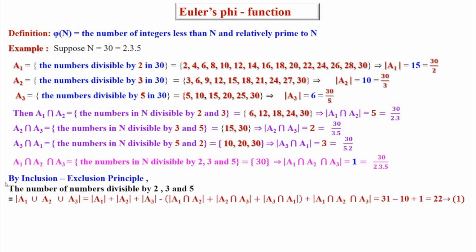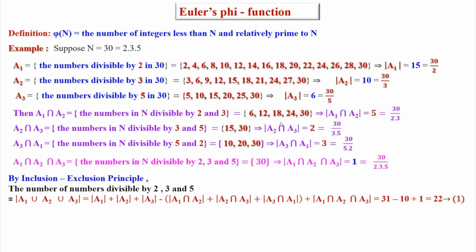Now we borrow this result from the inclusion and exclusion principle. The number of numbers divisible by 2, 3 or 5, which is the order of A1 union A2 union A3, is the order of A1 plus the order of A2 plus the order of A3, minus the order of A1 intersection A2 plus the order of A2 intersection A3 plus the order of A3 intersection A1, and then plus the order of the triple intersection.